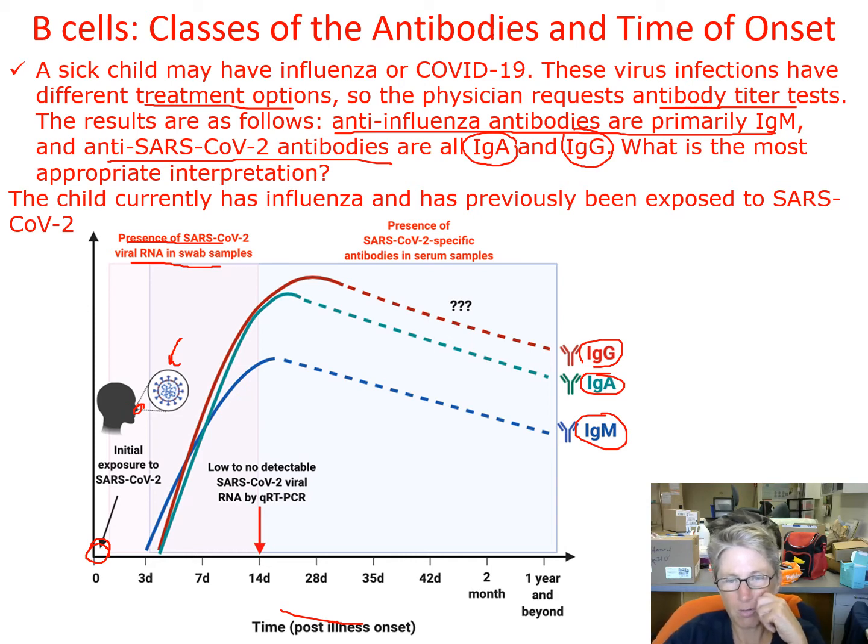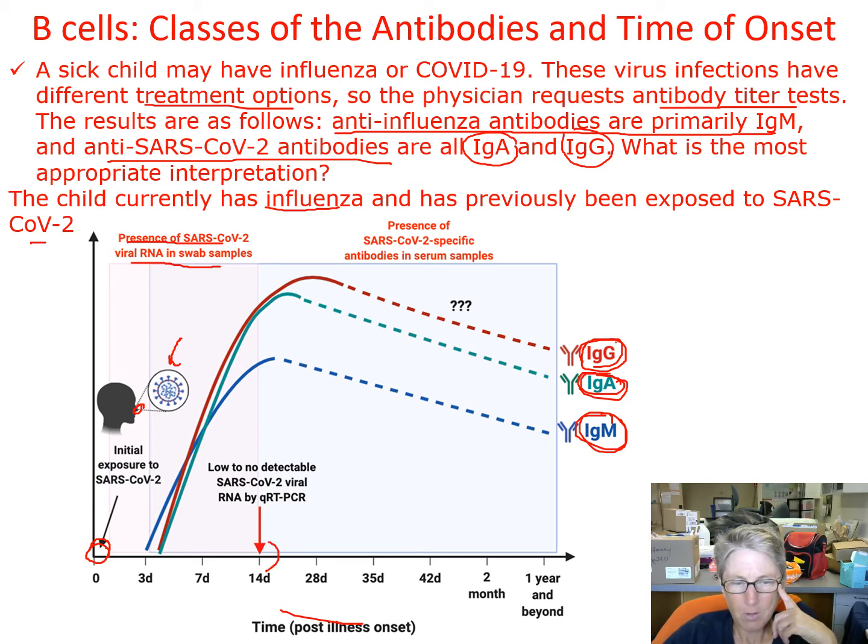So you look at the graph, and it looks like there's all of them. There's the anti-influenza antibodies, IgG, but then there's also the anti-SARS-CoV-2 antibodies, IgA and IgM. So what does the physician think? The child currently has influenza and, in addition, has been previously exposed to SARS-CoV-2.